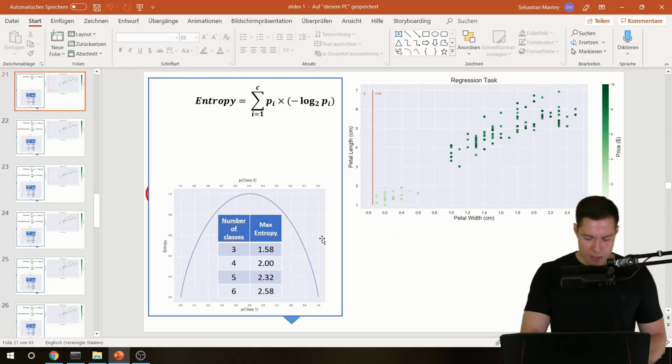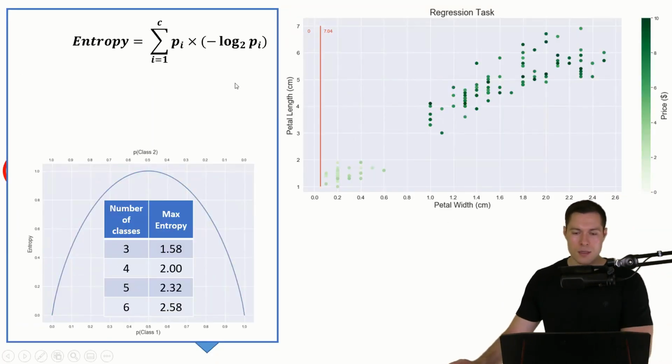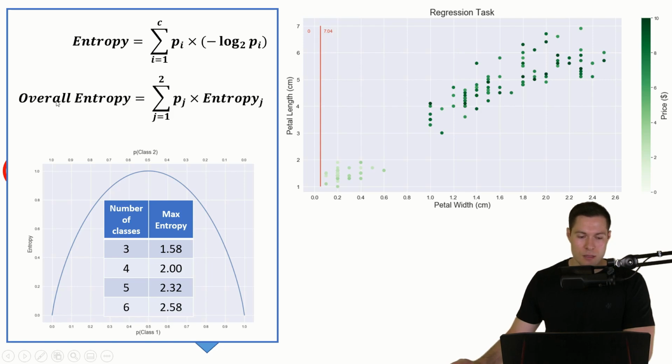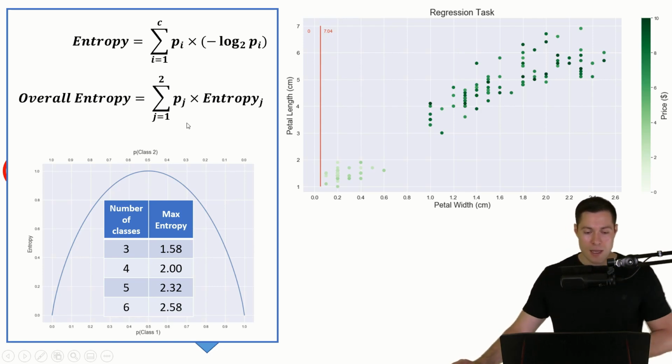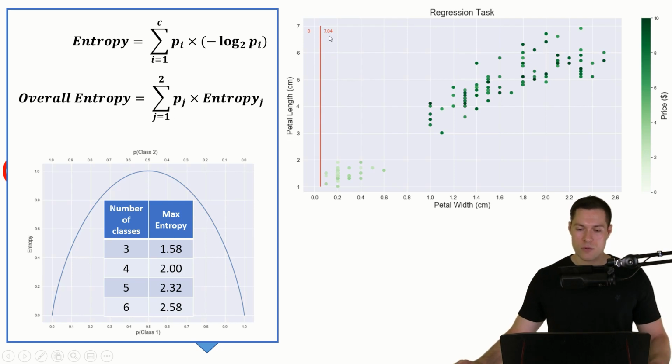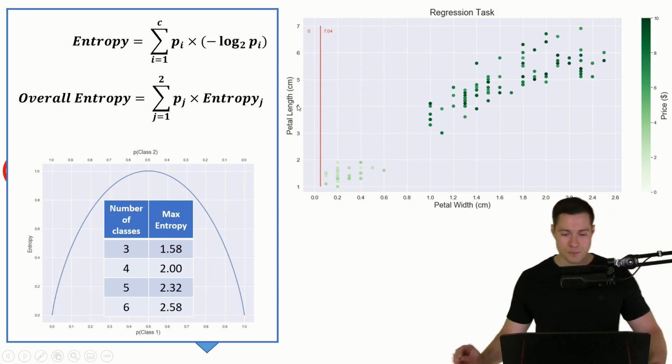Okay, so now, since the entropy only tells us something about one side of the split, we then calculate the overall entropy to get an understanding of the whole situation created by this split. And the overall entropy is simply a weighted average of those two entropy values.